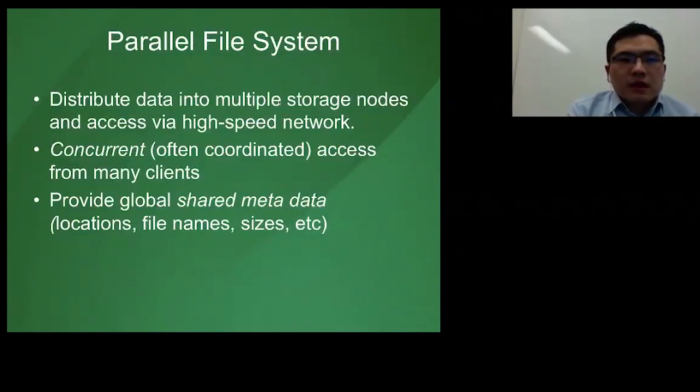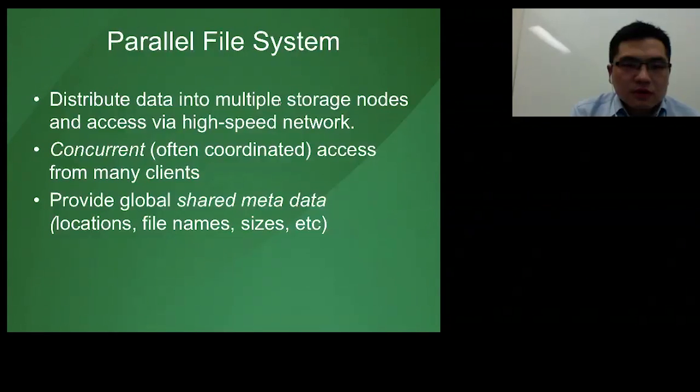Okay, so then I will introduce the file system. We just introduced the storage itself and the connection to the storage. Now, what is a file system? A file system is the part that connects the storage and also provides an interface for users to access the storage, to access your data.